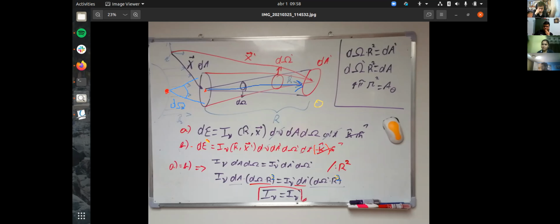So if we are standing on dA, then some rays will be going towards a range of directions going through dA. I don't know if this explains things a little bit better.